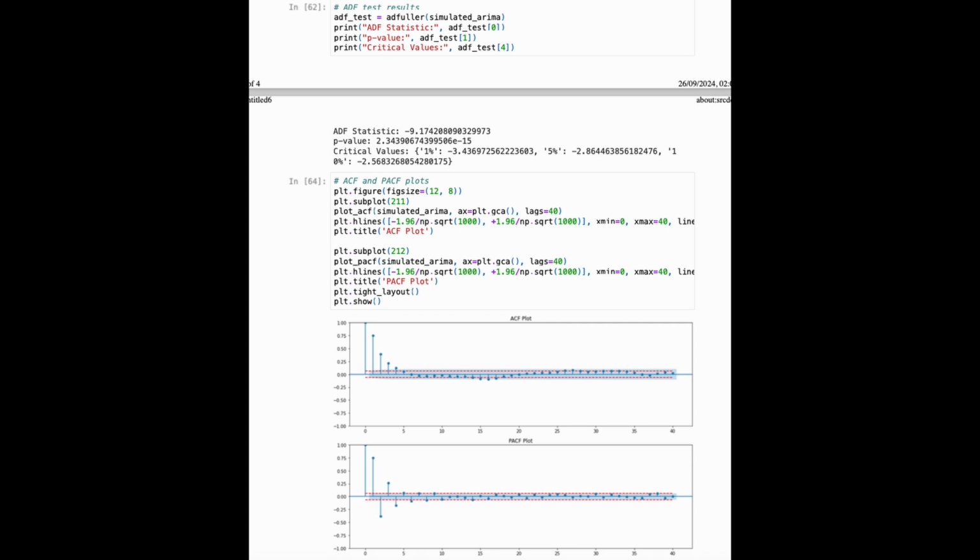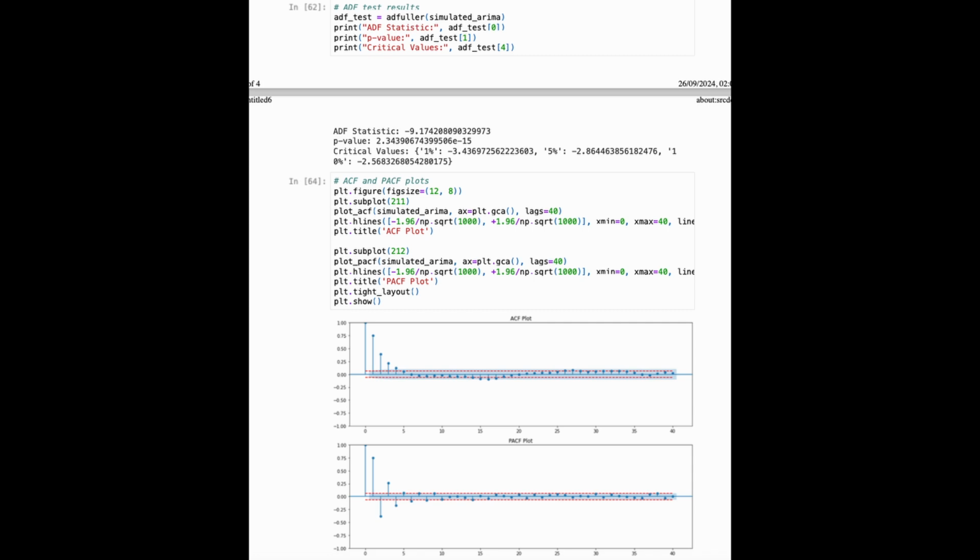The ADF statistic is significantly negative. A more negative ADF statistic indicates stronger evidence against the null hypothesis of a unit root, suggesting that the series is stationary. The p-value is extremely small, much smaller than the typical significance levels of 0.01, 0.05, and 0.1.